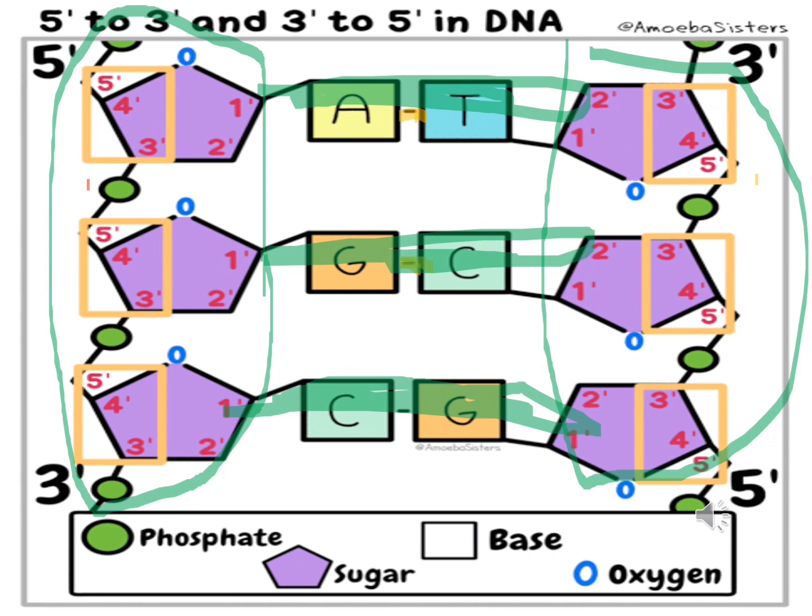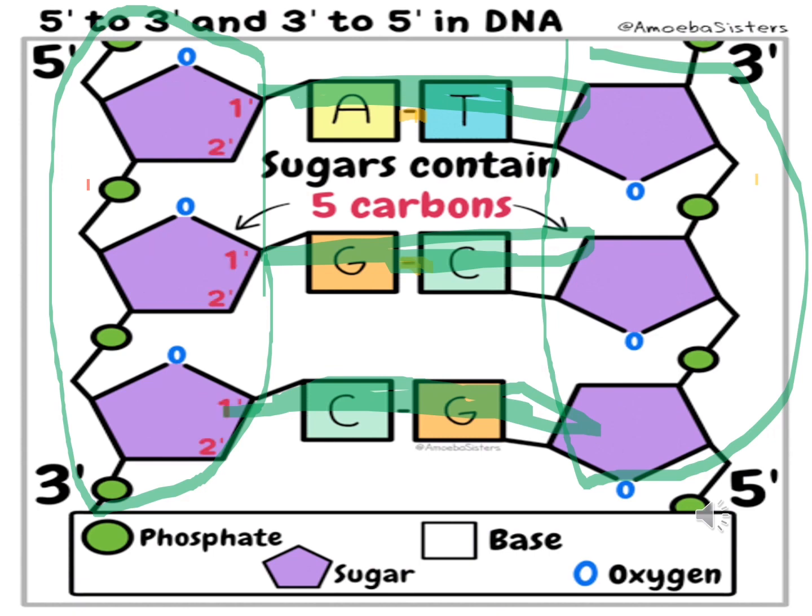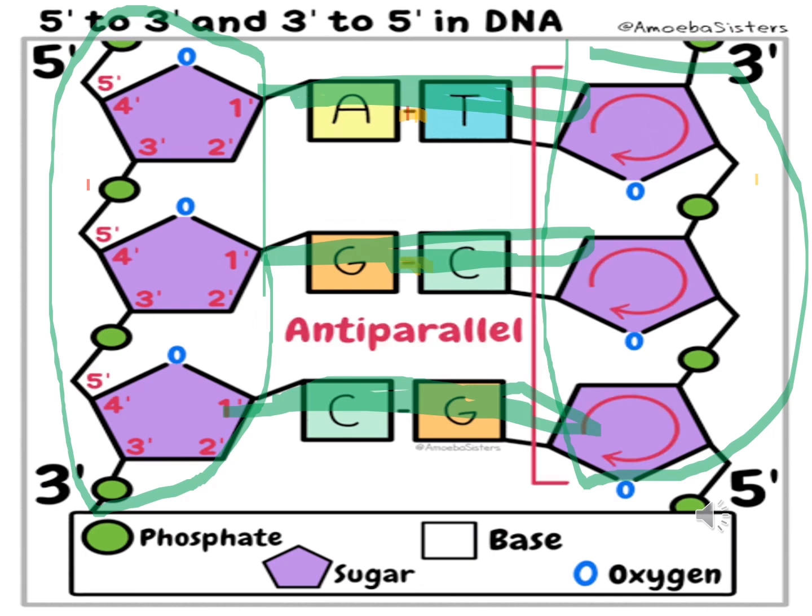The point is, when I heat up the DNA molecule, not all of these bonds will be broken down, only those in the middle that are connecting the nitrogenous bases together.